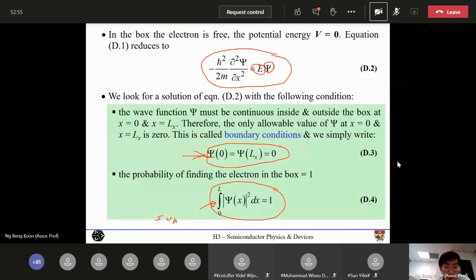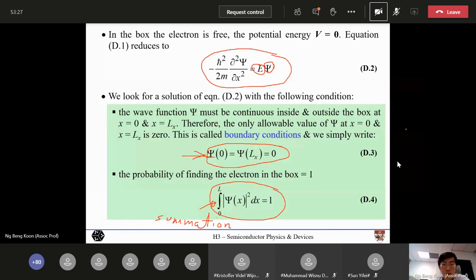So when we do an integration, we are summing up all the probability of finding electrons from x equal to 0 to x equal to L, and this probability will be equal to 1, or 100%. Because the electron is confined within the well and you cannot find it outside, the chance of finding the electron in the well is 100%. They are always in the well. So that's the other condition that we can use to solve for a specific solution in the Schrödinger equation.